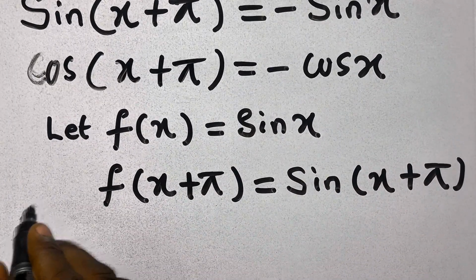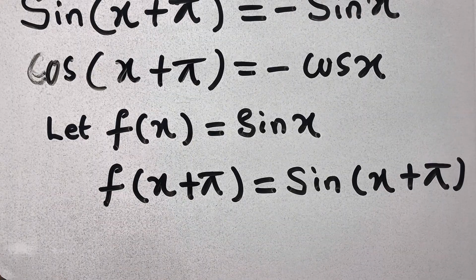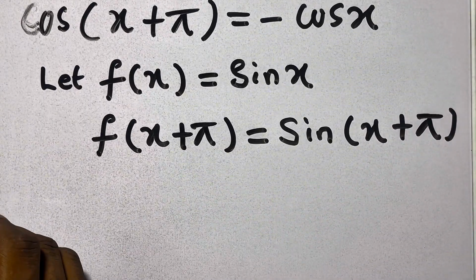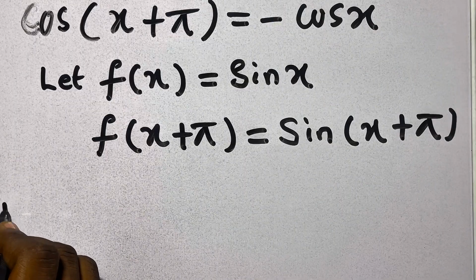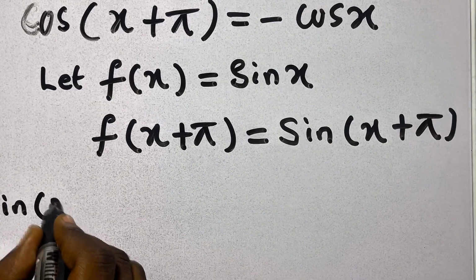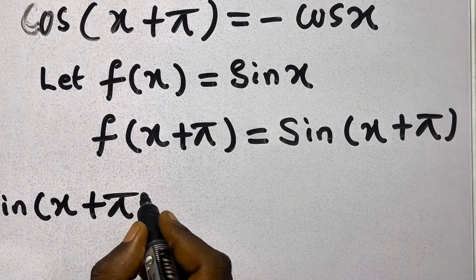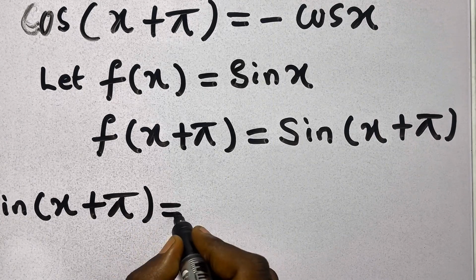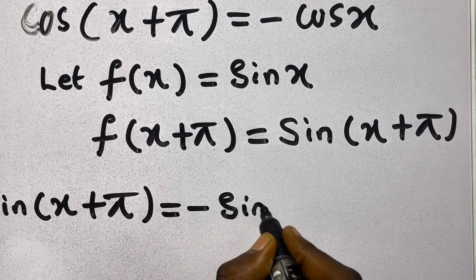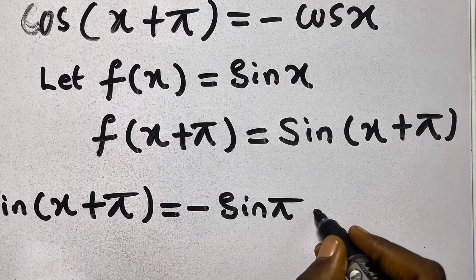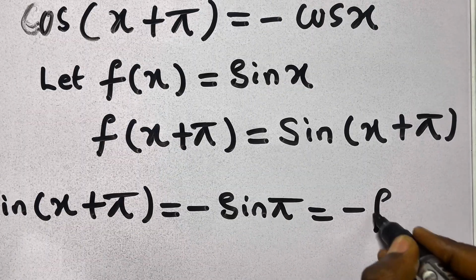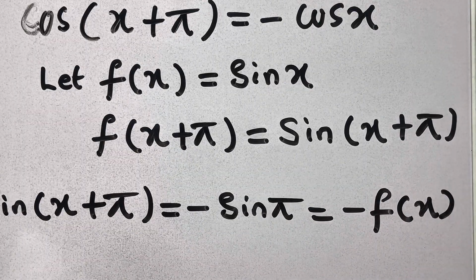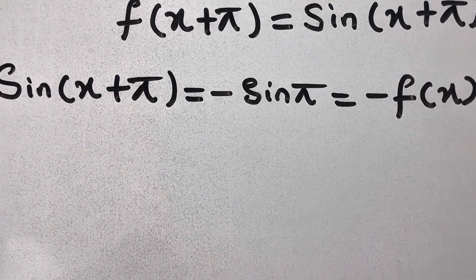Now let's put it together to have sine x plus pi equals minus sine x, and this equals minus f of x. All right.